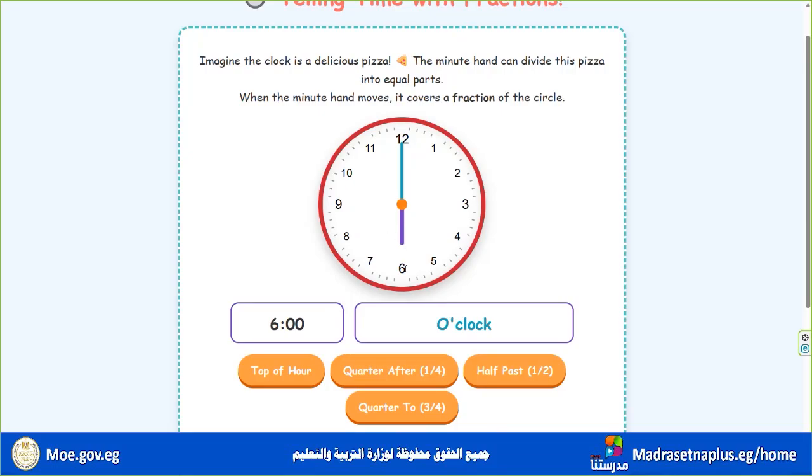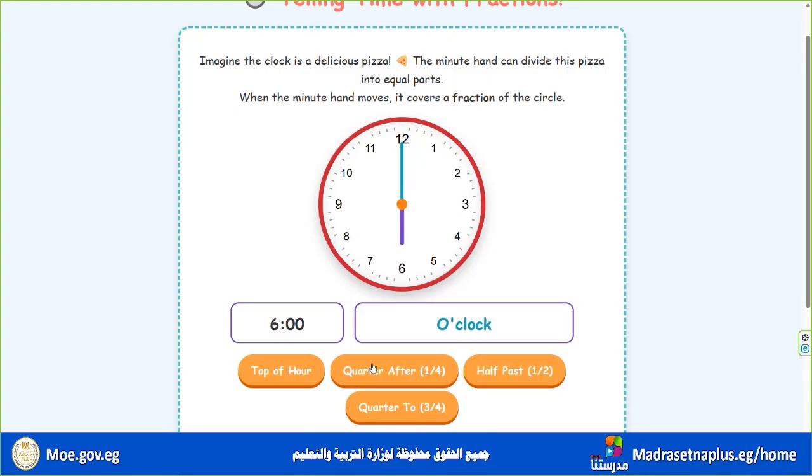The short one points to hours, while the long hand points to the minutes. Here you can see 6 o'clock. 6 o'clock divides the clock into 2 equal parts. So it's half, one half on the right and the other on the left.